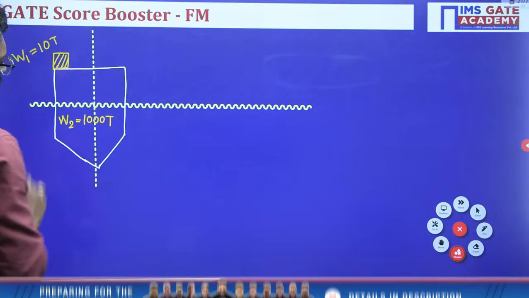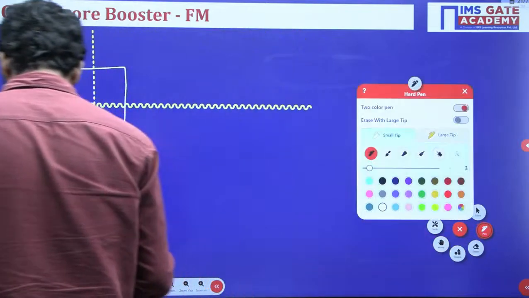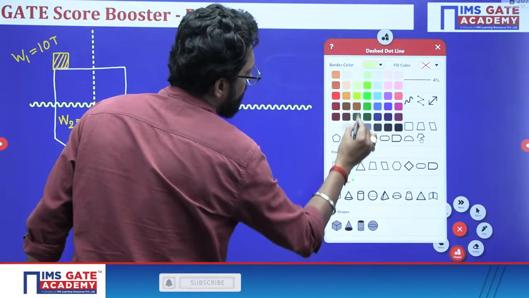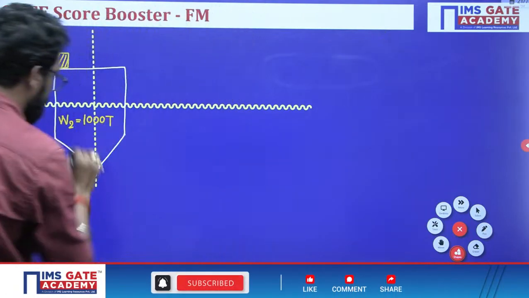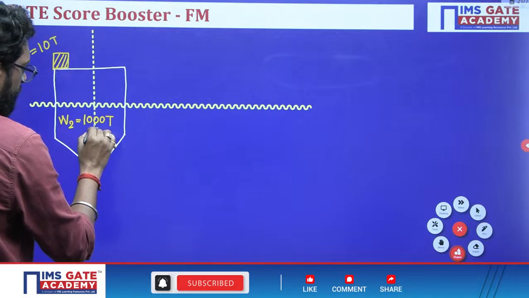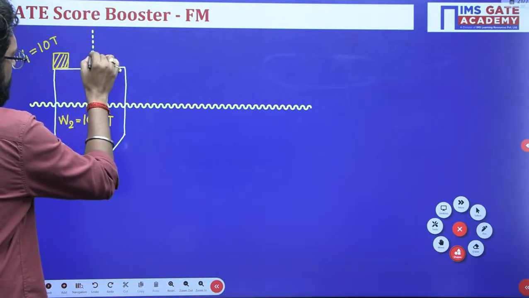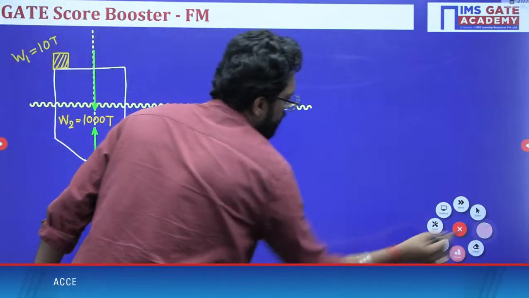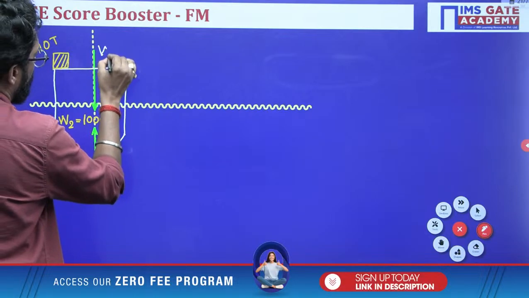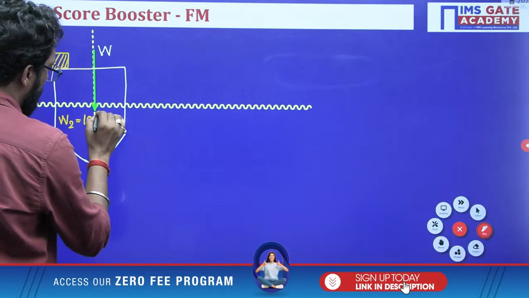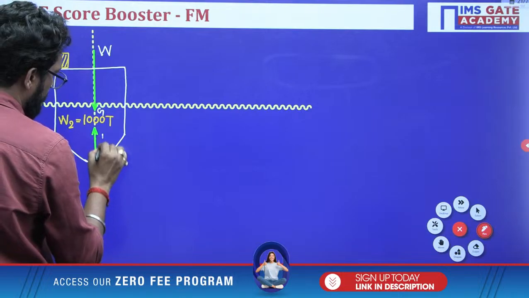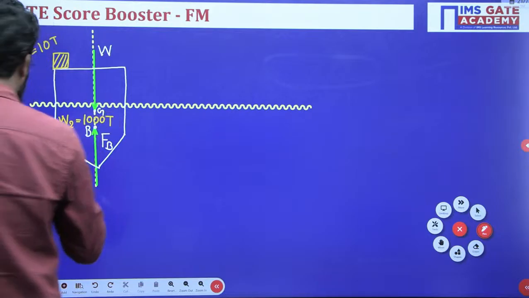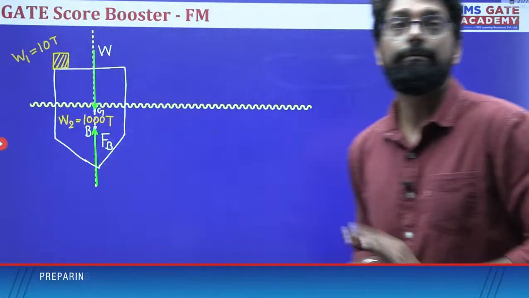Initially there is a buoyancy somewhere in this one. Buoyancy force FB always acts upward, and there is a total weight. Let's suppose this total weight is W, and it will pass through CG, and the buoyancy force FB will pass through the center of buoyancy B. And initially it is in equilibrium.